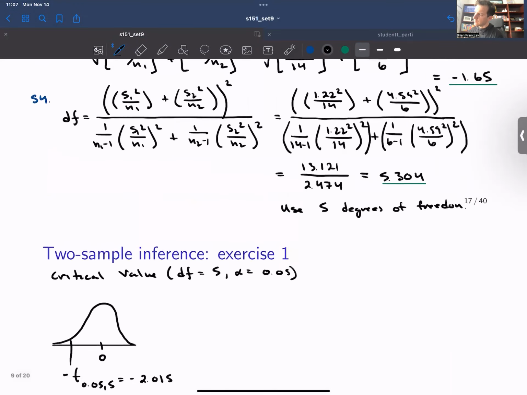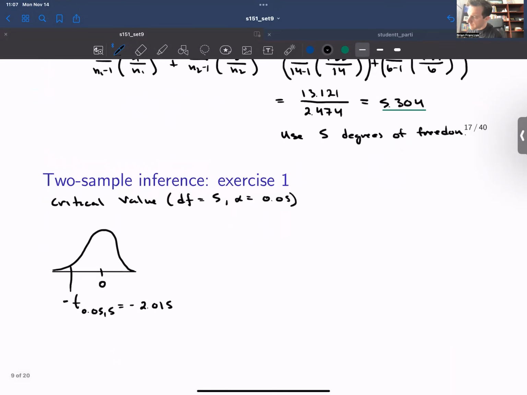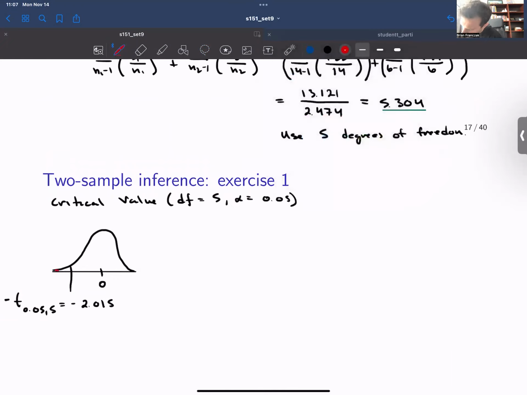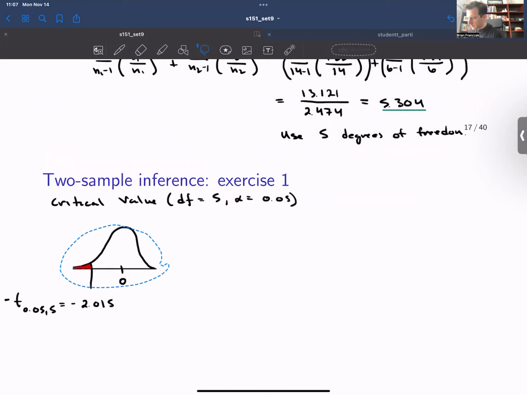And then our test statistic was negative 1.65. Okay, so if our critical value is negative 2.015, it's a lower tail test. That means the rejection region is located here. I'll just slide this over so that it lines up a bit better. Like that. So our rejection region is in the lower tail.